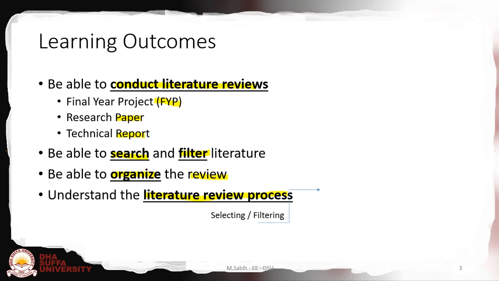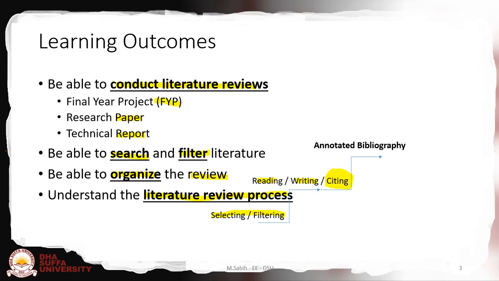It's basically that there is a topic given to you or your idea. You will go and search, you will select some literature, you filter it out, then you have to read, you have to write, and then you will cite whatever work you have. For citing, we will have the next video separately discussing how to cite the work that you read.